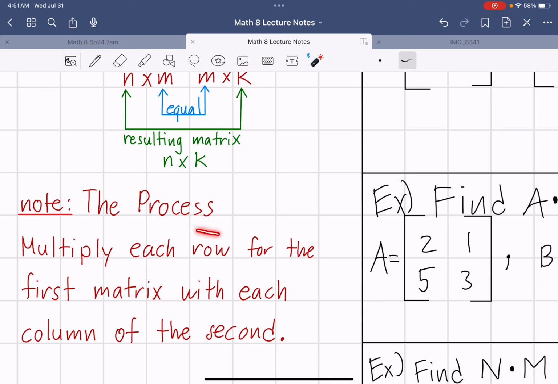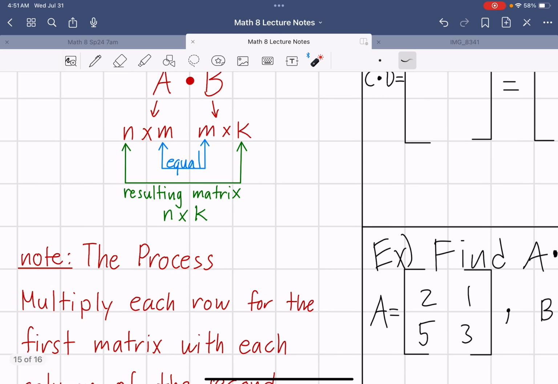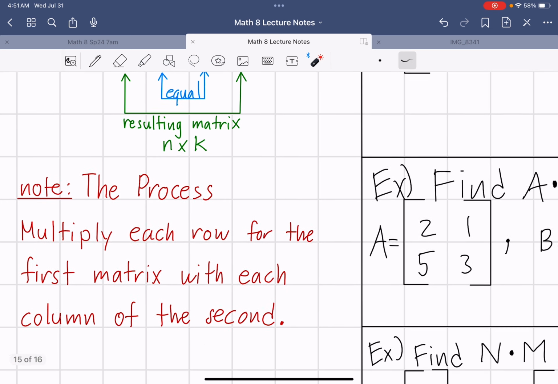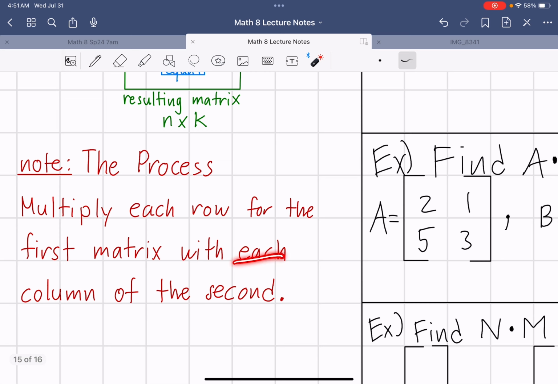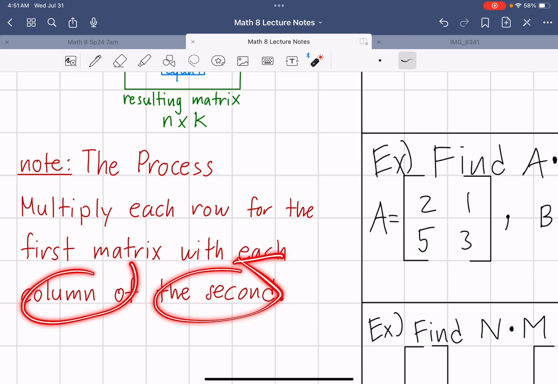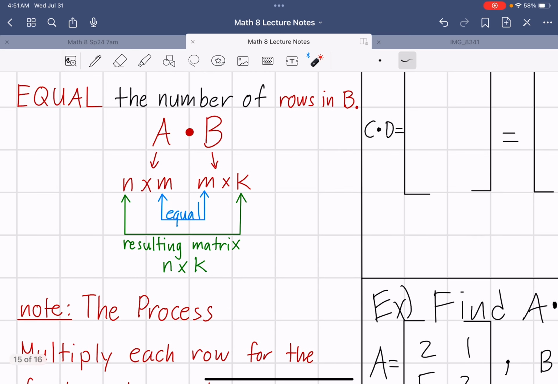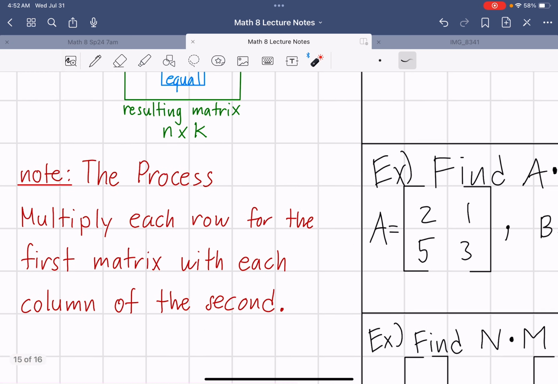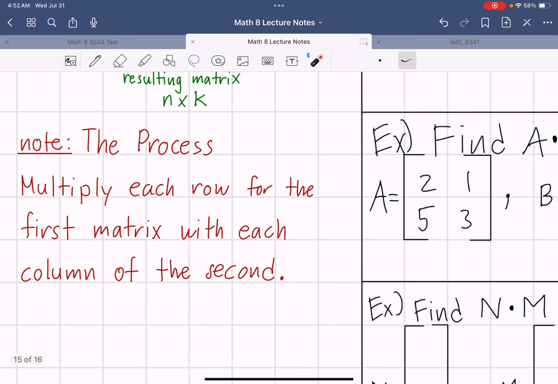To keep things simple, you multiply each row from the first matrix, the one on the left, with each column of the second matrix, the one on the right. So to make it even shorter, we multiply each row with each column. Row and column, row and column. That's a way to remember it: you're taking the row and multiplying it with the column.